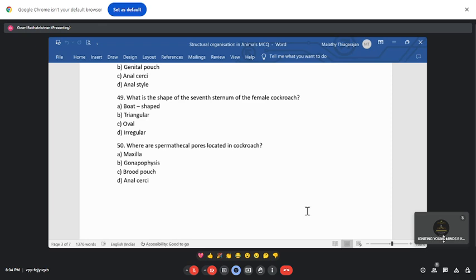That is option C. The segments involved are the 8th and 9th. The 7th sternum is boat shaped, and together with the 8th and 9th, it forms the female genital region.